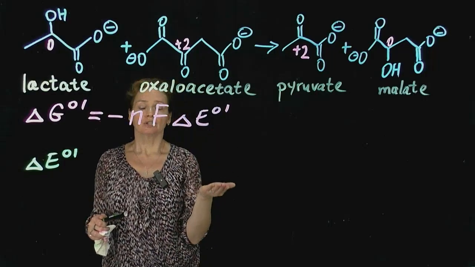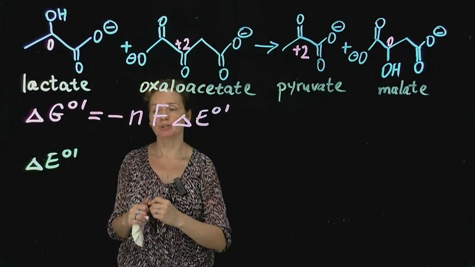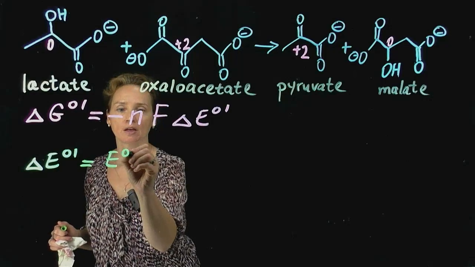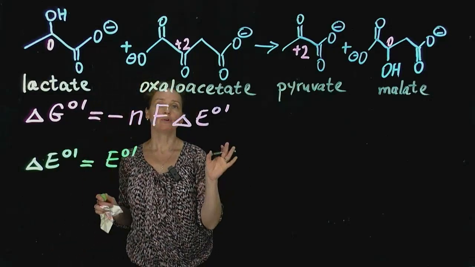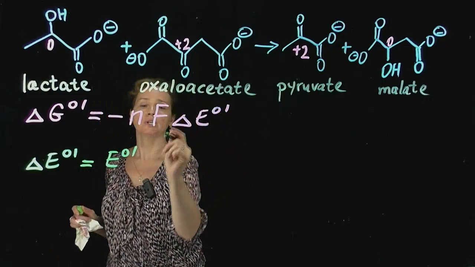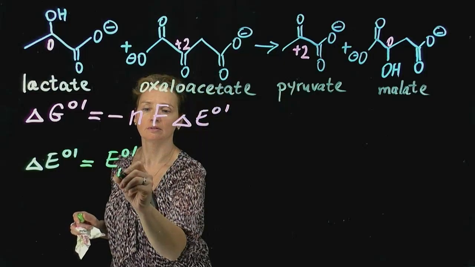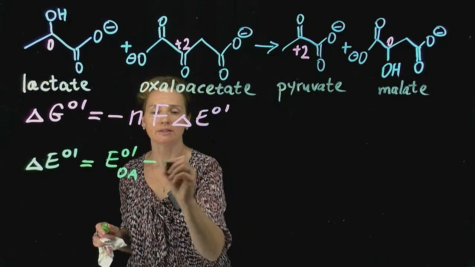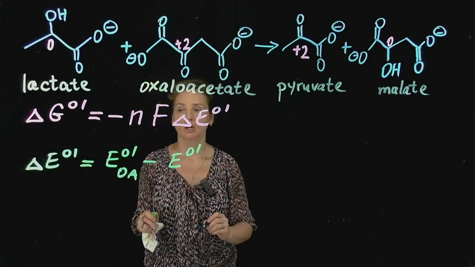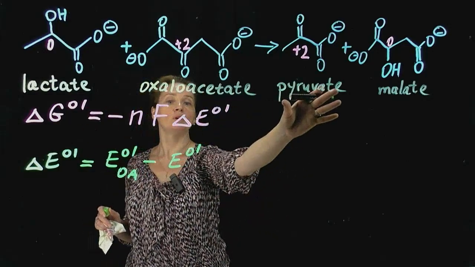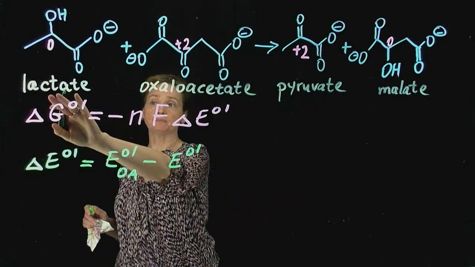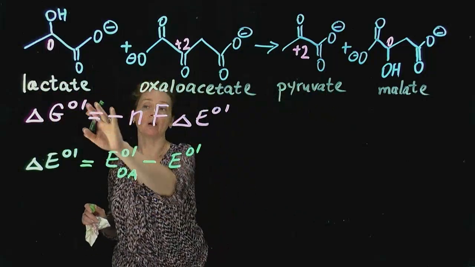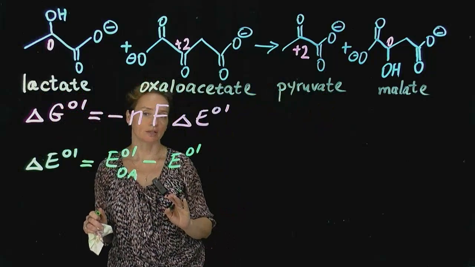So for an oxidation reduction reaction, the change in the reduction potential can be determined as the reduction potential for the oxidizing agent, such as oxaloacetate now, minus the reduction potential for the oxidized form of the compound that is being oxidized, right?